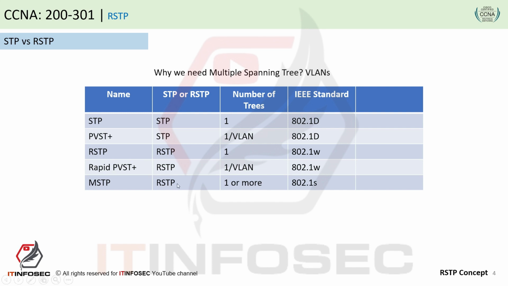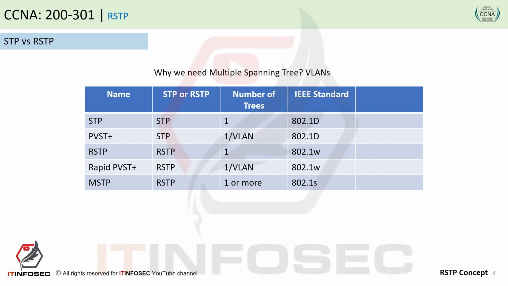And there is 802.1s, Multiple Spanning Tree or MSTP, which allows the definition of many instances, for example, multiple spanning tree instances chosen by the network designer, but not required one per VLAN.